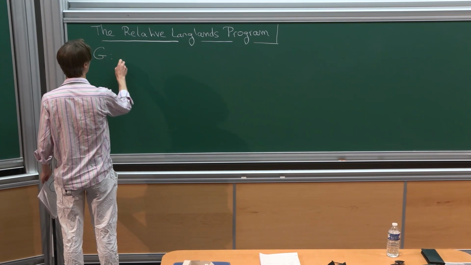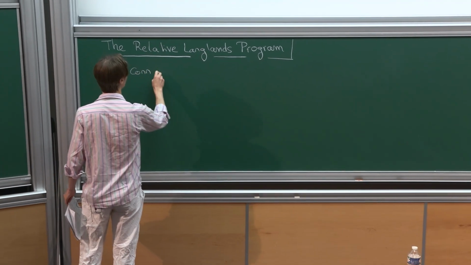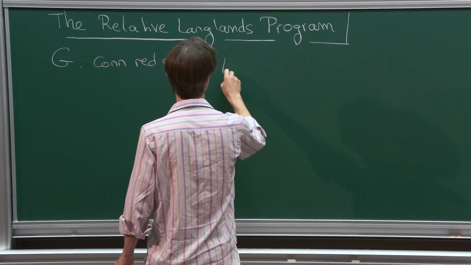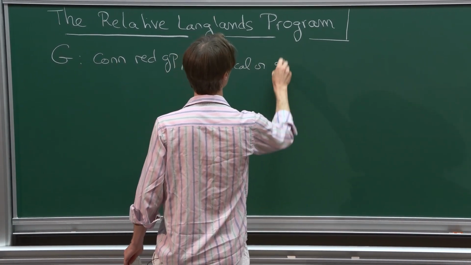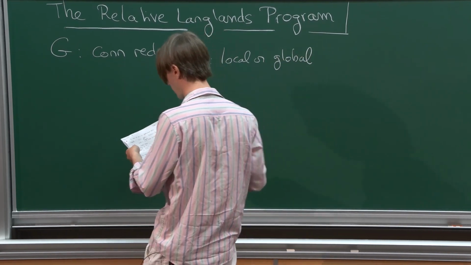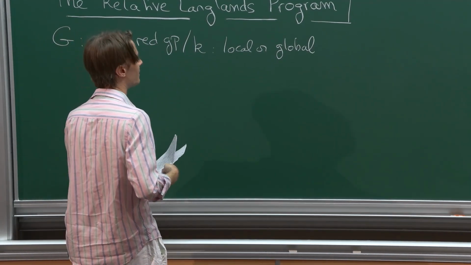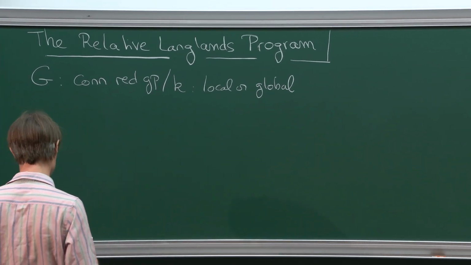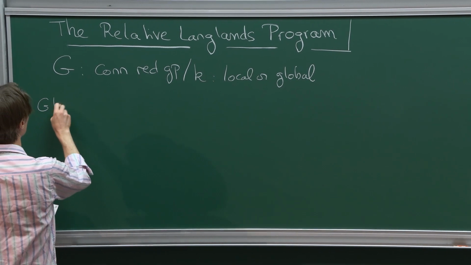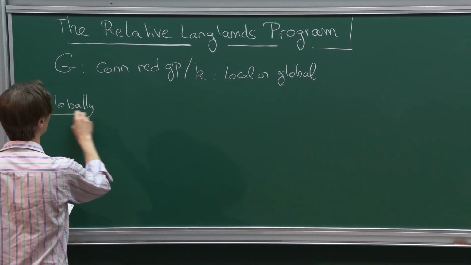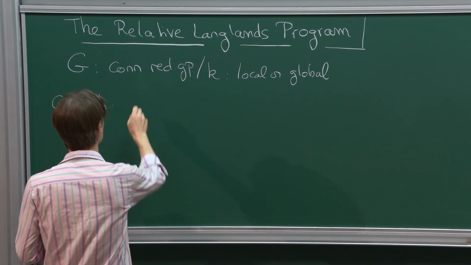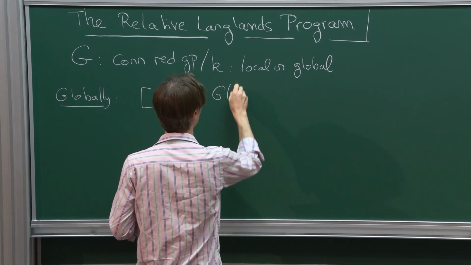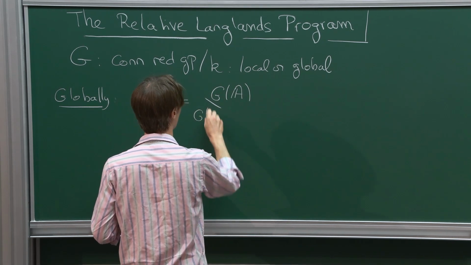I will take G to be a connected reductive group over a field K, which is either local or global. There are two basic objects on the automorphic side. Depending on whether you are working globally, we are mainly interested in the automorphic quotient, that is the quotient of the adelic points of G by its rational points.